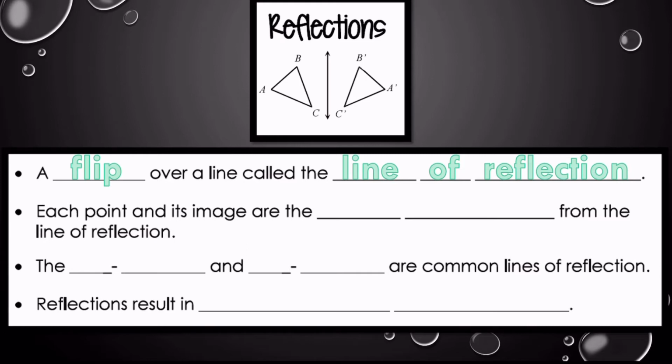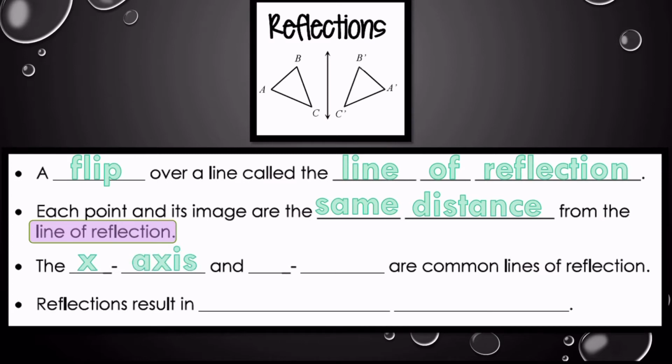Each point and its image are the same distance from the line of reflection. So every point, everything we're flipping is the same distance.